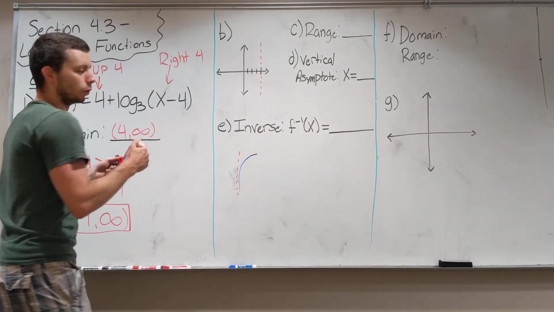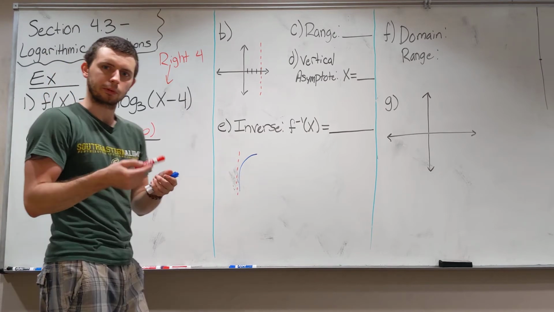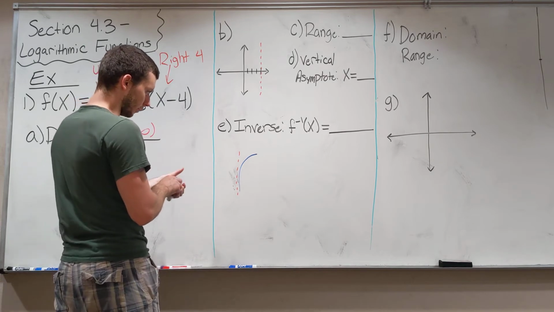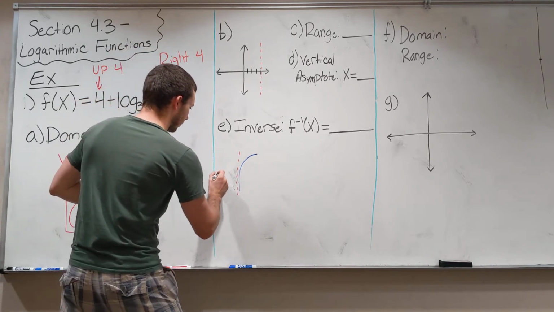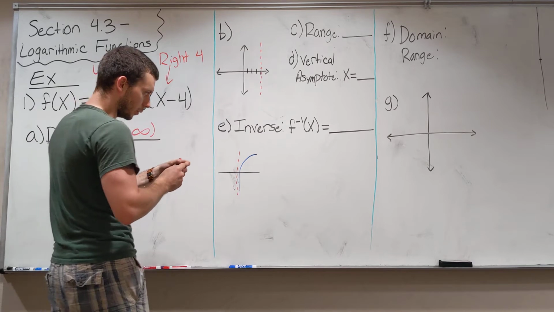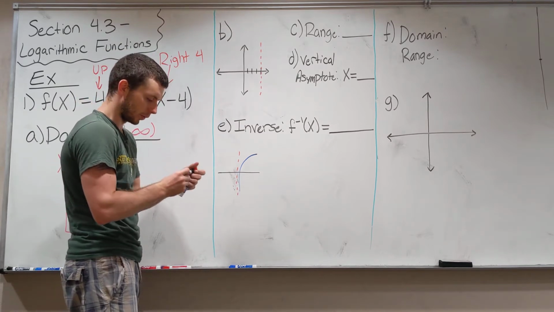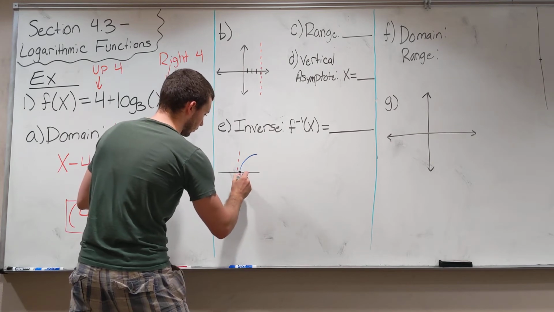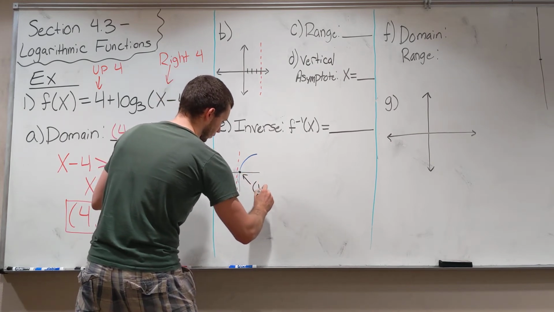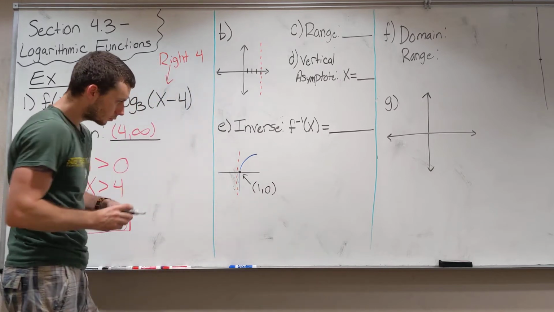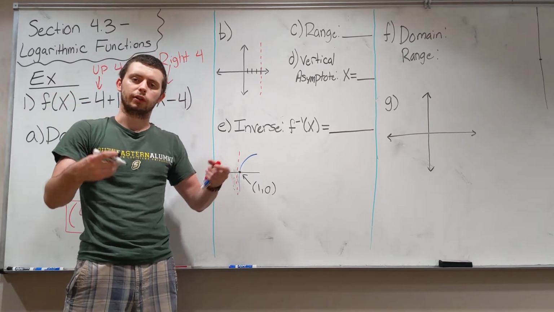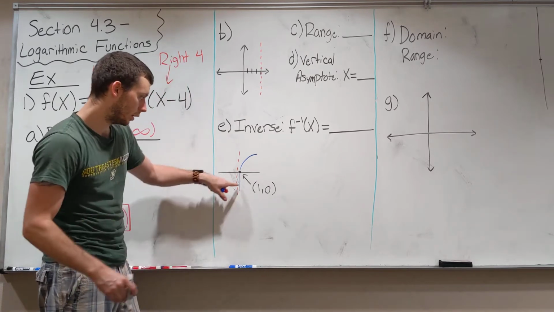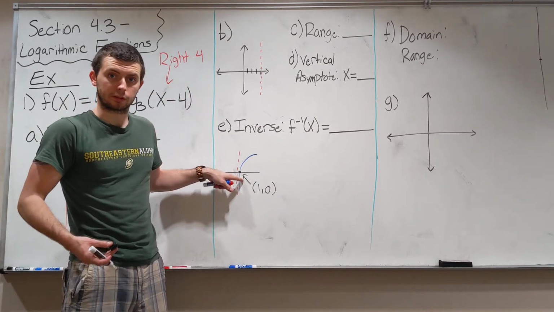And so the only thing that will change, so remember, the parent function of a logarithm, so if we were to check out the graph of a logarithm, and again, this is resembled on the parent function at the beginning of the notes for the section, there is a point that you get.